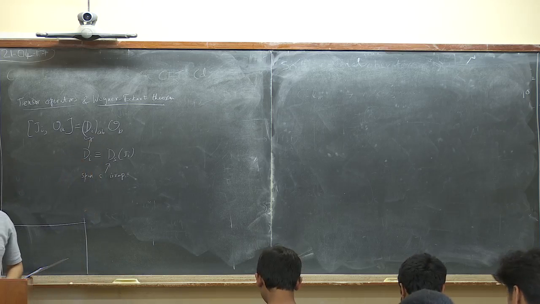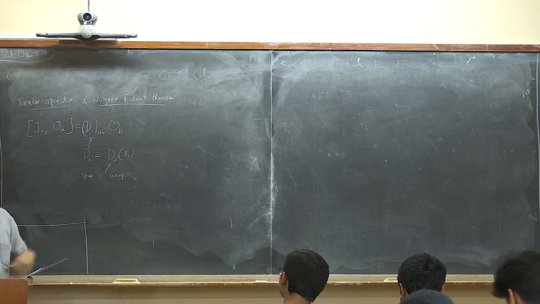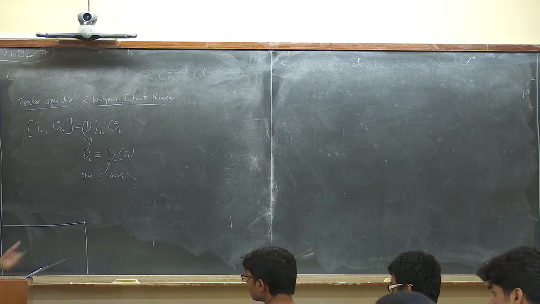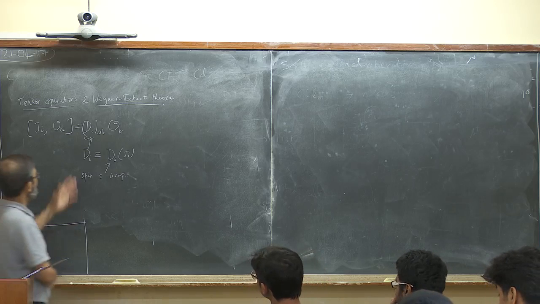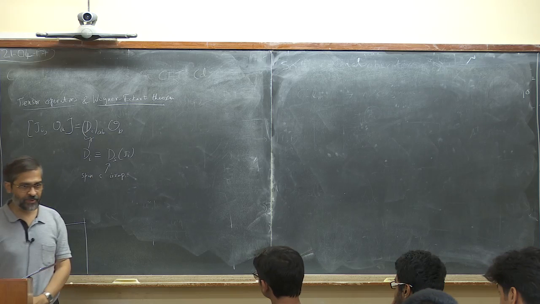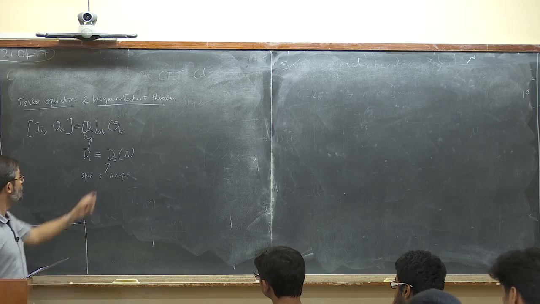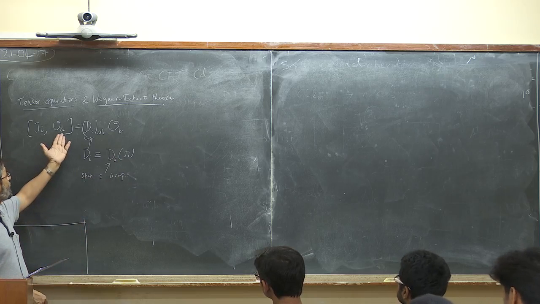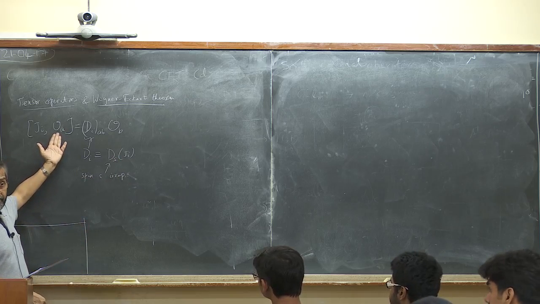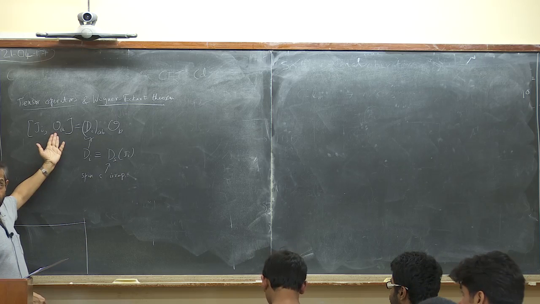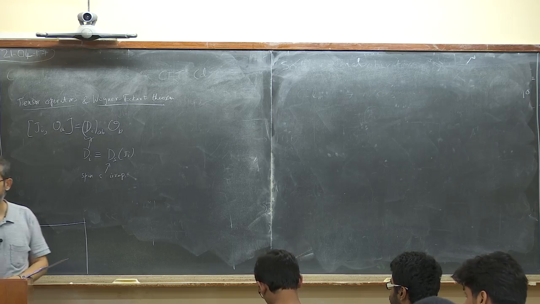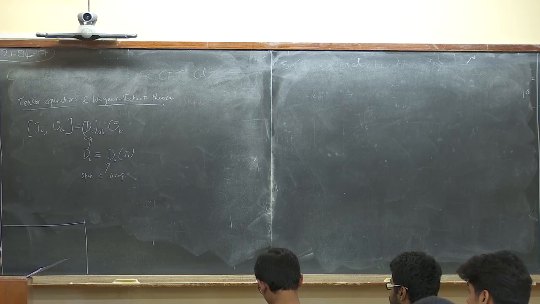Does anybody have any example in mind of what such an operator is? Sorry? The J_i themselves, very good, of course. That will then be the adjoint representation. In the case of angular momentum, it can also have the x_i operator. Again, of course, x_i's are also vector operators.